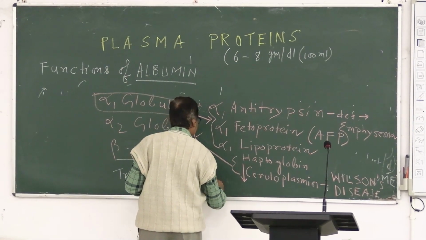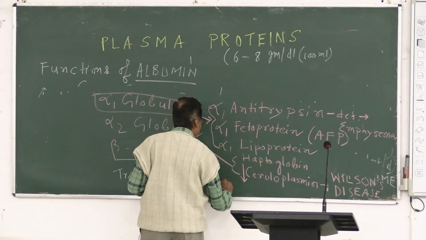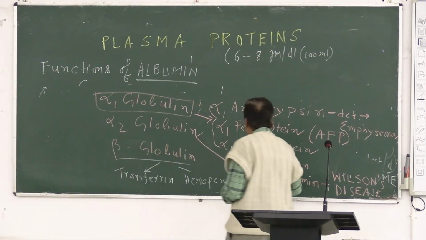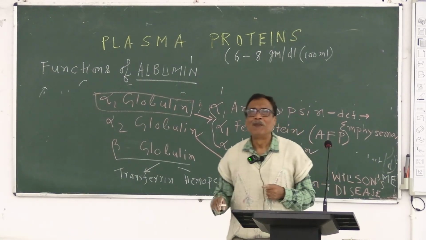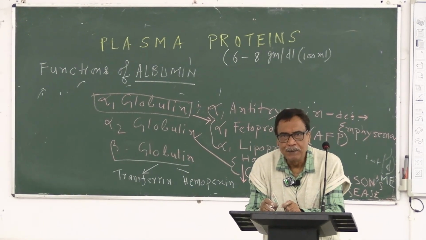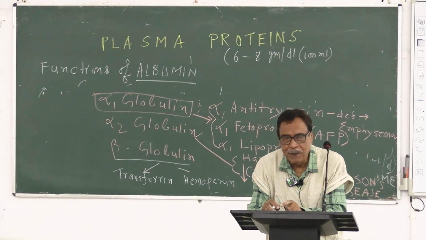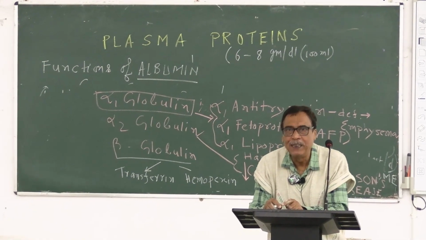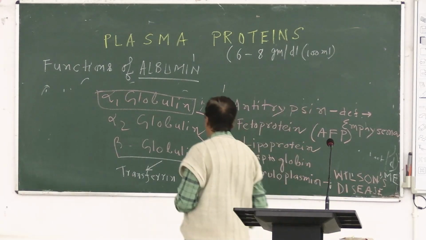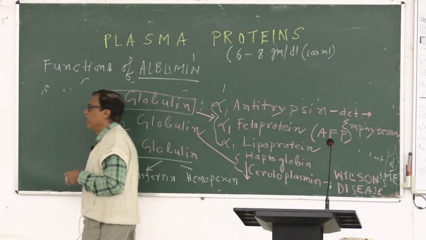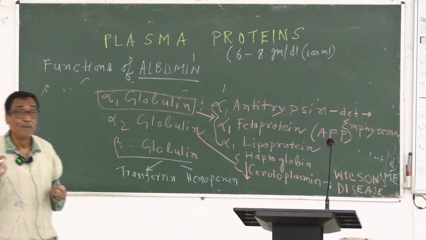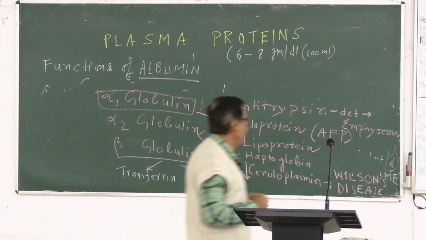Hemopexin binds with heme, and total hemoglobin is bound by haptoglobin. Haptoglobin binds with total hemoglobin, both heme and globin, and hemopexin binds with only heme. Hemopexin and transferrin are beta globulin examples. There are many more examples, I am giving the prominent examples.